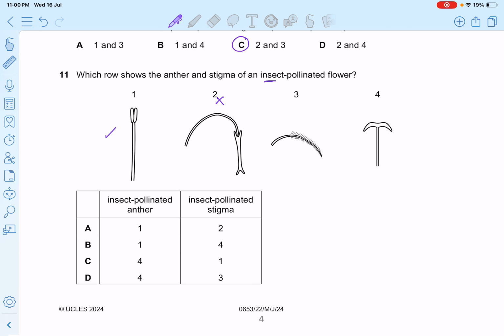We know this is kept inside, not hanging out or feathery, so we will ignore 3 and we need 4. So the correct answer for the anther is 1 and for the stigma 4. This one is wrong and this one is right. Okay. So the correct answer is B.